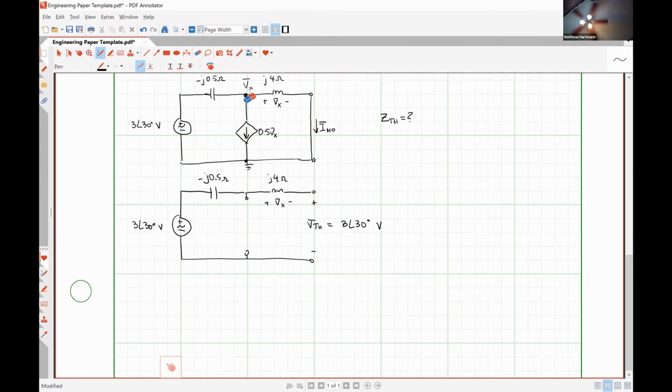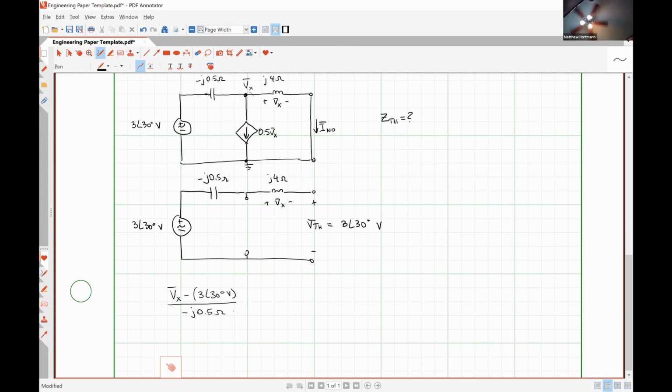So I could say that Vx minus 3 angle 30 degrees volts divided by negative J 0.5 ohms.